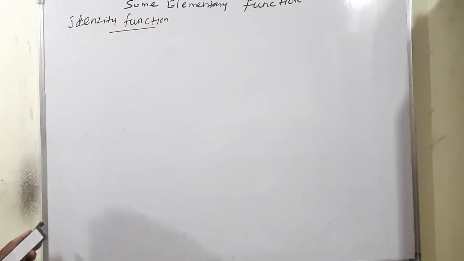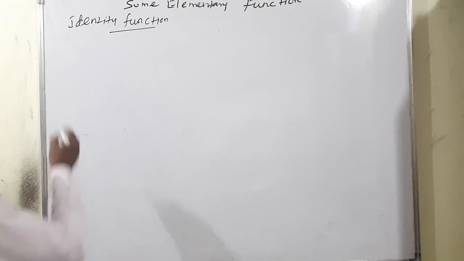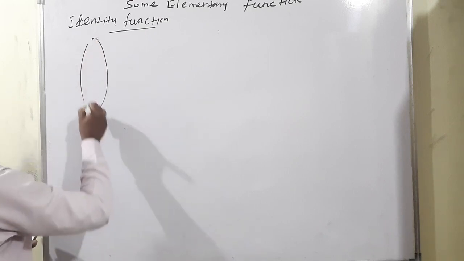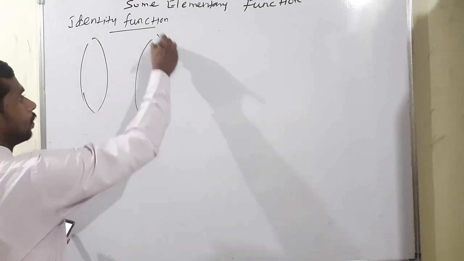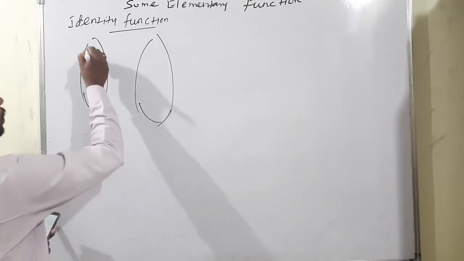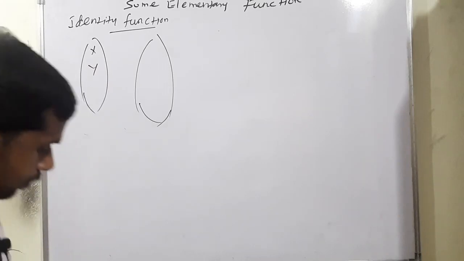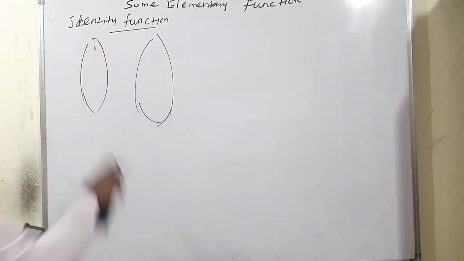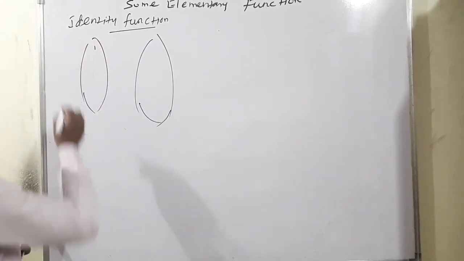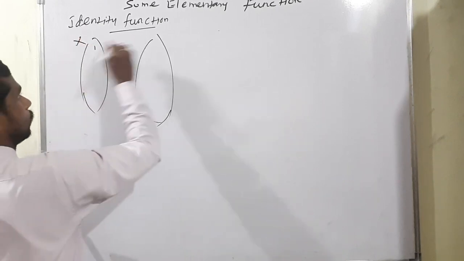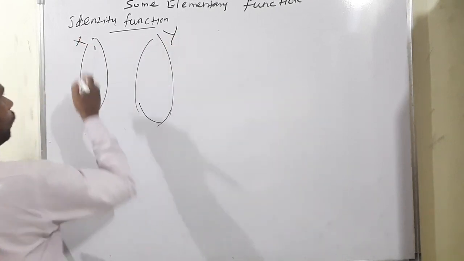So identity function. So identity means x, y, otherwise as per your book given A, B, C, isn't it? So this is called x, the domain, and this is called the codomain y.